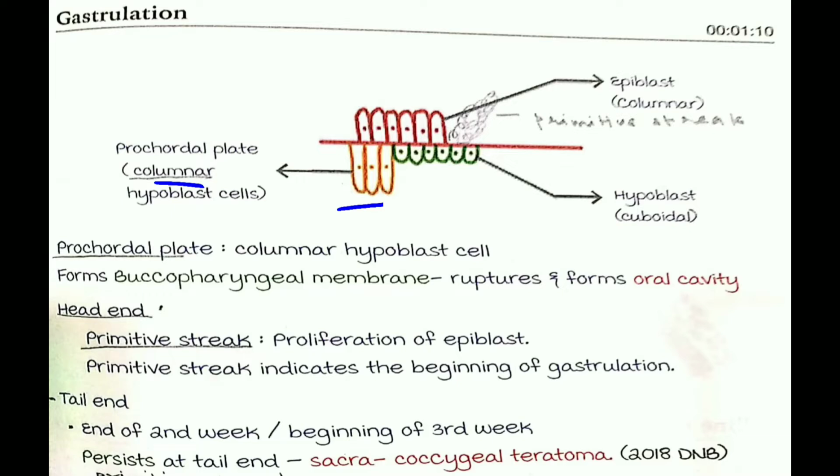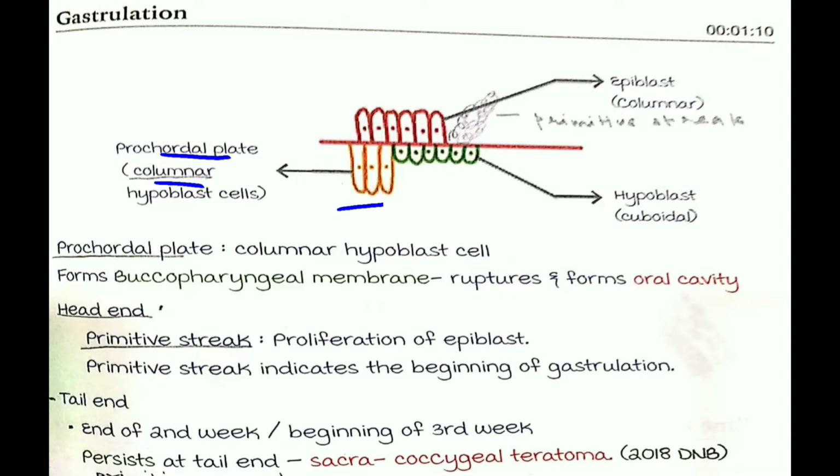Those cells are called the prechordal plate. The prechordal plate is made of columnar hypoblast cells, and it forms the buccopharyngeal membrane, which later ruptures and forms the oral cavity.